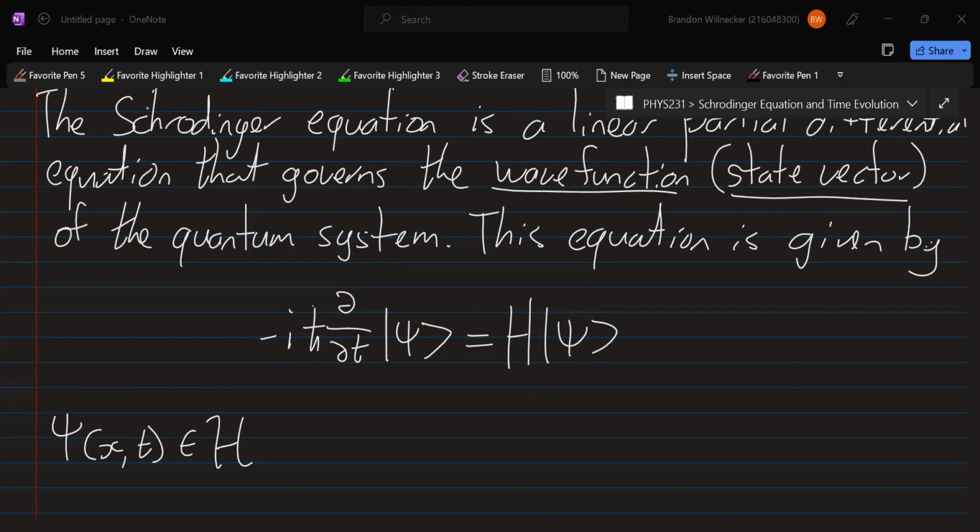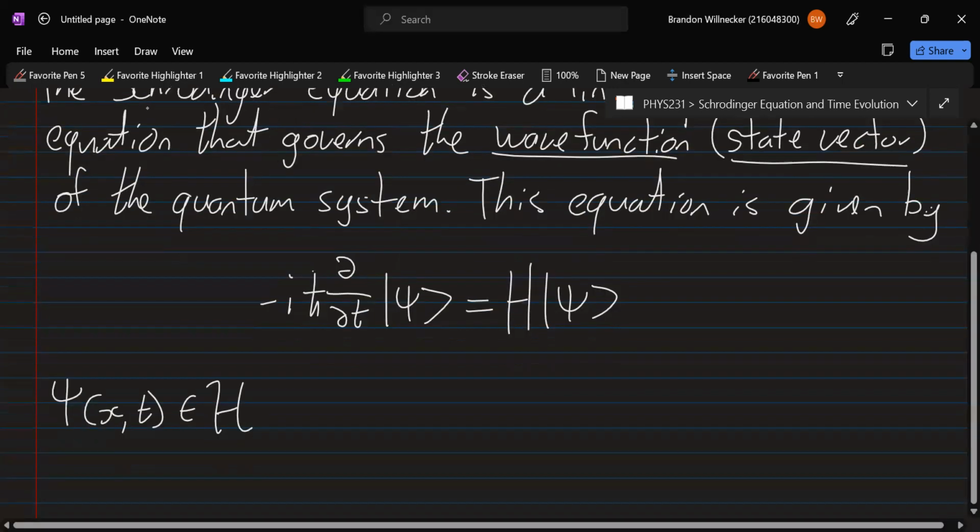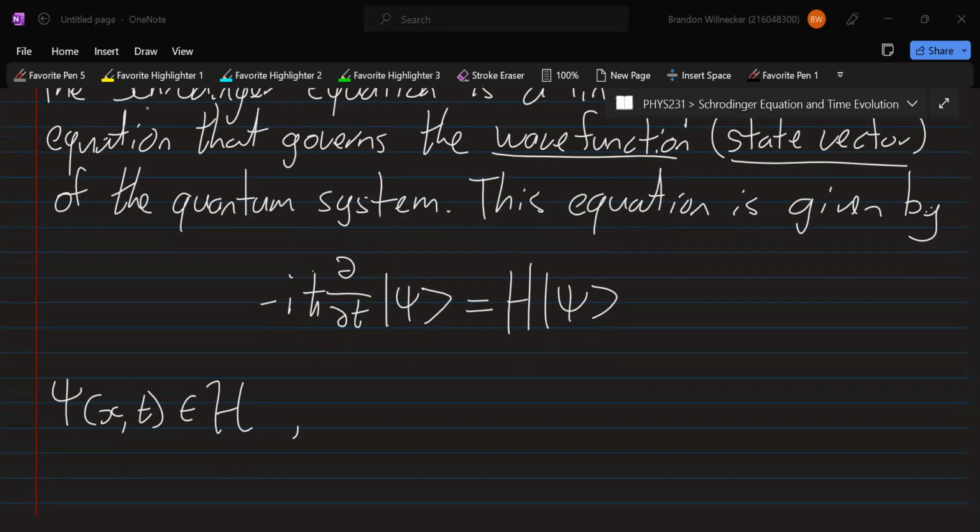The row vectors and the column vectors are reserved for finite dimensional systems, and then we have these functions for continuous systems, like particles moving around. So that's the difference between state vectors for finite dimensional Hilbert spaces and wave functions for infinite dimensional Hilbert spaces for particles and such.